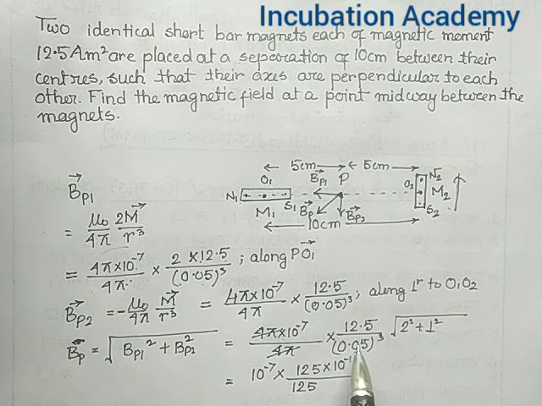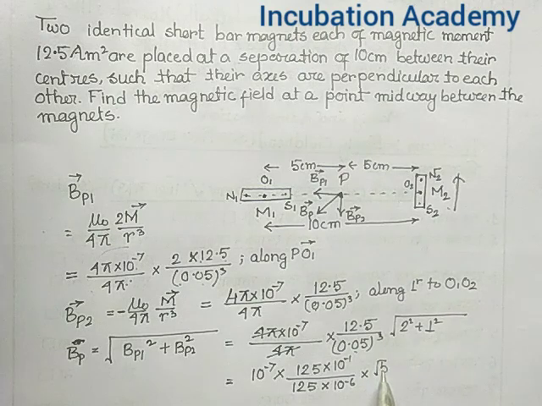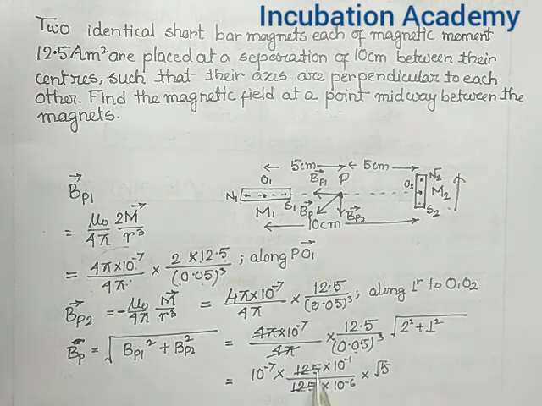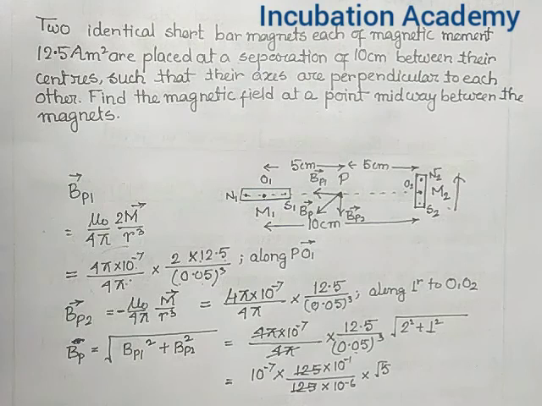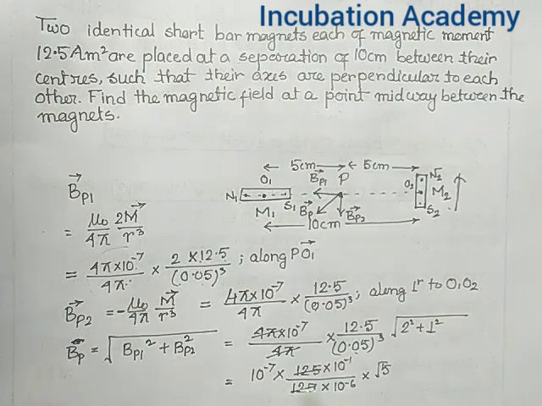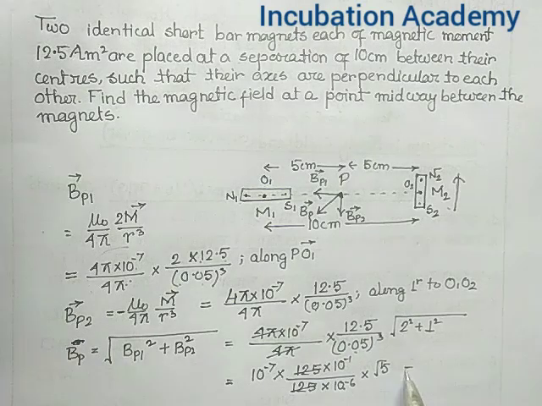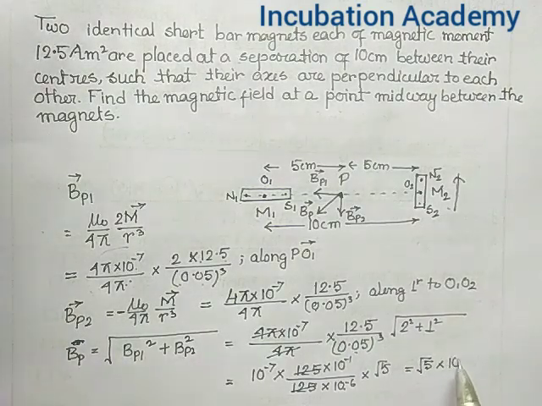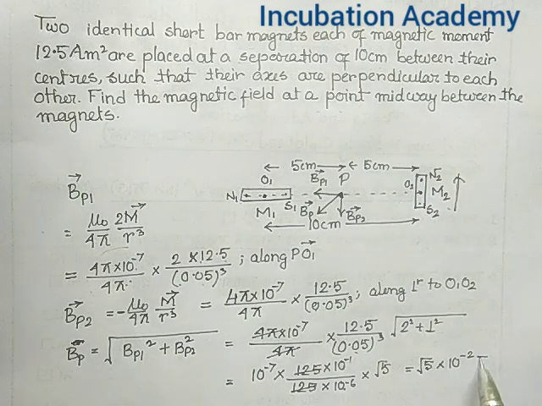Here is 10 to the power minus 2, so if you cube it, that will be 10 to the power minus 6, and here it is root 5. So 125 and 125 cancel out. Here is 10 to the power minus 8 and here 10 to the power minus 6, so it becomes root 5 into 10 to the power minus 2 Tesla.